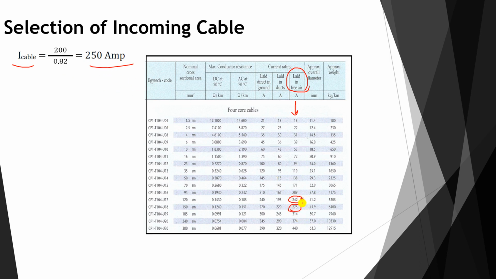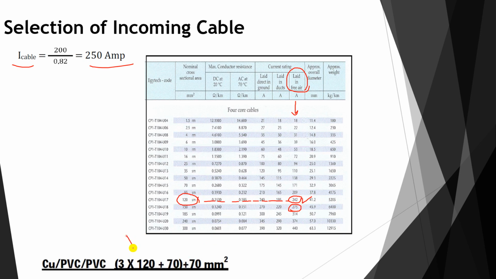So we are going to select this one, and this corresponds to 120 millimeter square. So our phases will be 3 multiplied by 120 plus neutral of 70 millimeter, and the earthing will be 70 millimeter. Okay, so this gives us the phase 120 millimeter square.